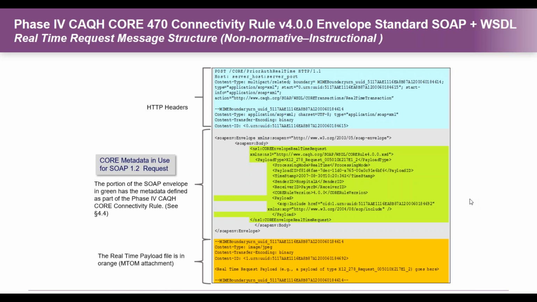Shown in the middle is the SOAP message envelope with the area that's highlighted in yellowish green, showing the core connectivity specific metadata that describes the payload type and processing mode, etc. And the section at the bottom shown in yellow, that's the MTOM attachment, and that's the one that contains the actual payload, if you will, the X12-278 transaction in this case. This is a real-time request. Next slide, please.